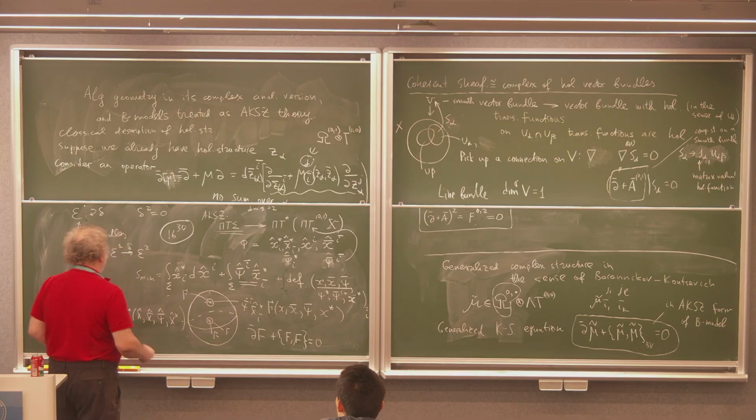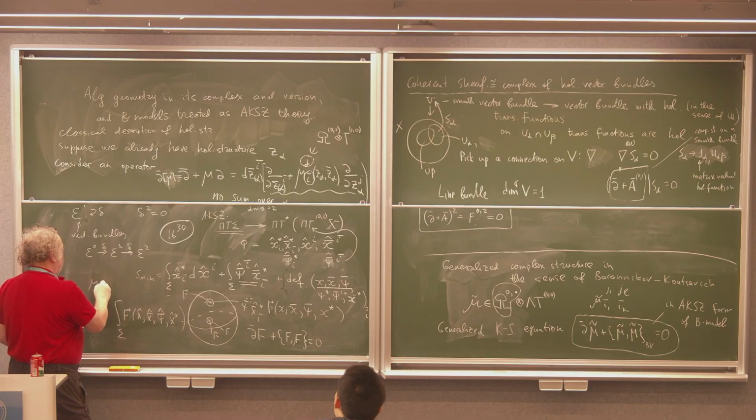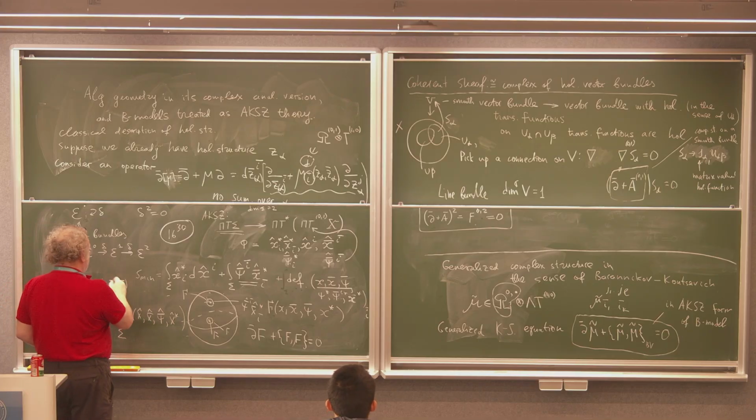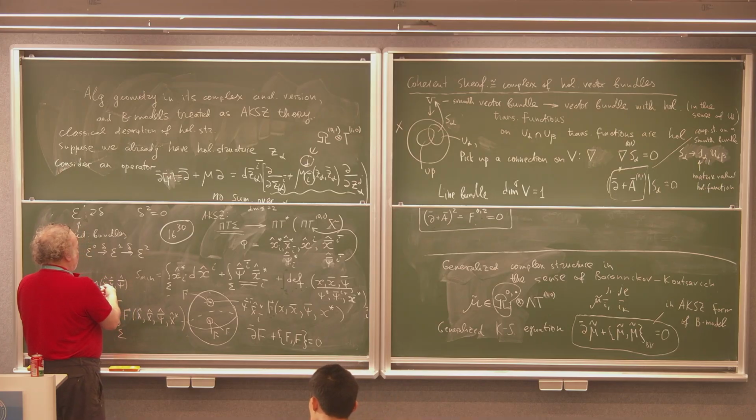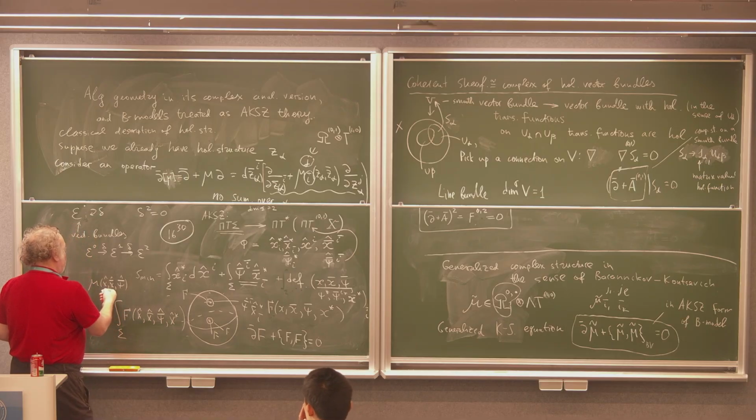In particular, if we have mu that depends on x bar and psi bar, we need to put a hat here. We need to extract a 2-form, and we are getting it by using these hats.